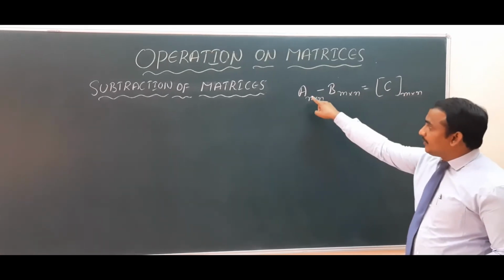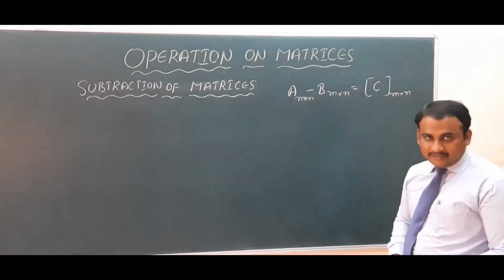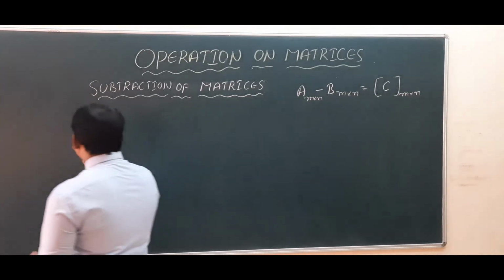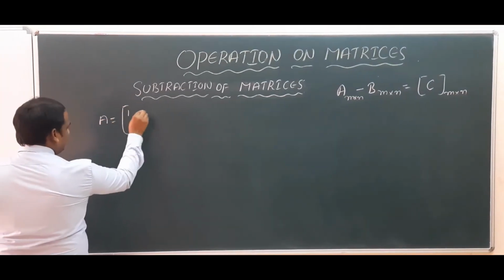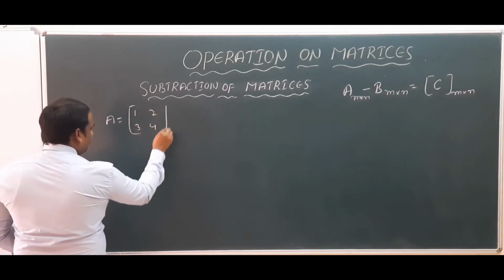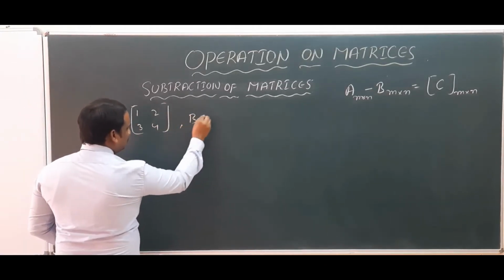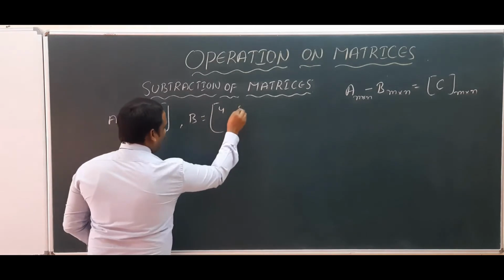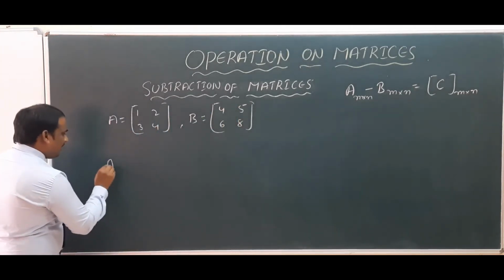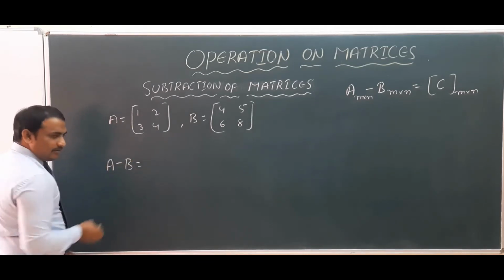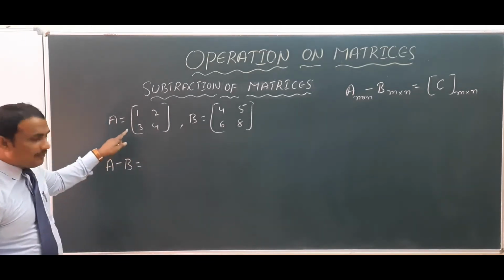Here also, subtract all corresponding elements. We'll check one example here. A matrix A is given as 1, 2, 3, 4. Same, B is given as 4, 5, 6, 8. Now I have to solve A minus B. First, you have to check the order of the matrix.